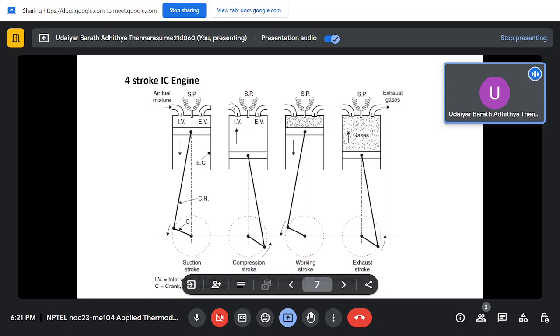In the case of a compression ignition engine, instead of a spark plug, you will have a fuel injector. When the piston reaches the topmost position, having compressed the air, fuel is injected. Because of compression, the air inside would be at a higher temperature.